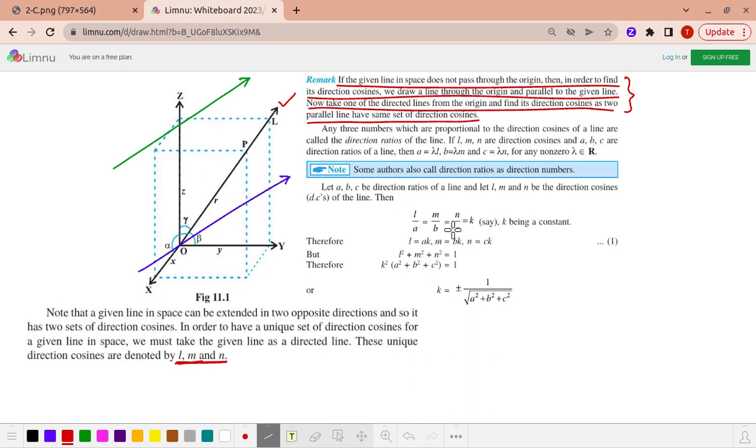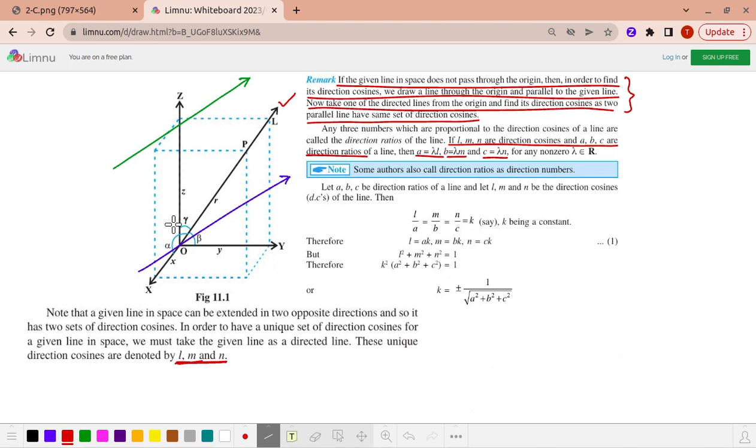If l, m, n are the direction cosines of a line and a, b, c are the direction ratios, then definitely l, m, n and a, b, c will be proportional. That means we can say a should be equal to lambda times l, b should be equal to lambda times m, and c should be equal to lambda times n, where lambda is a real number.